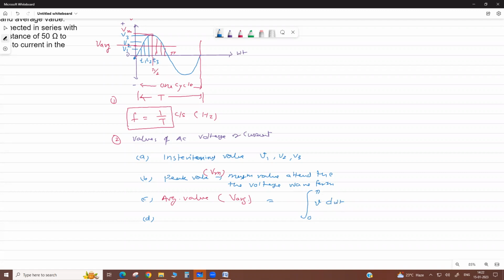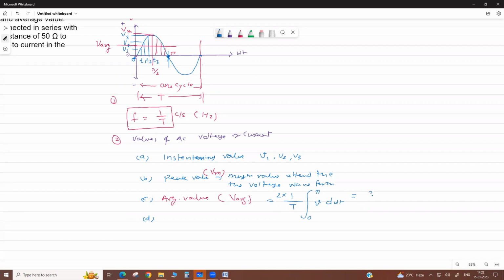If we integrate over the full cycle, we get 0. That is why we calculate the average up to the half cycle, and then we double that value. So this is the average value.